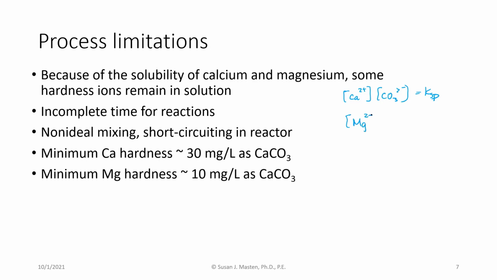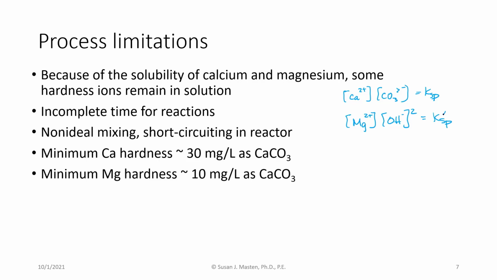We can write an equilibrium expression for magnesium hydroxide. We precipitate the magnesium as magnesium hydroxide because it's less soluble than magnesium carbonate. And we also have a solubility product for that. So even at equilibrium, we will have some magnesium left in solution.